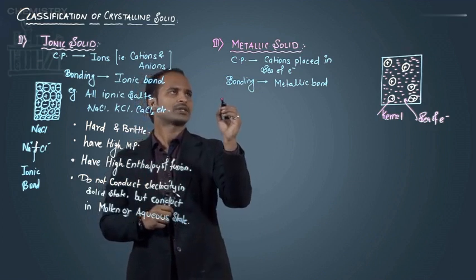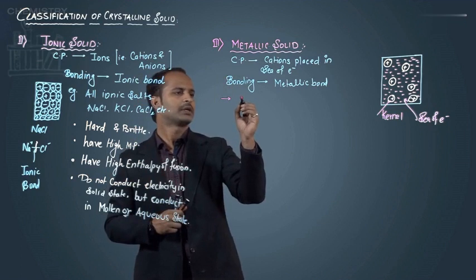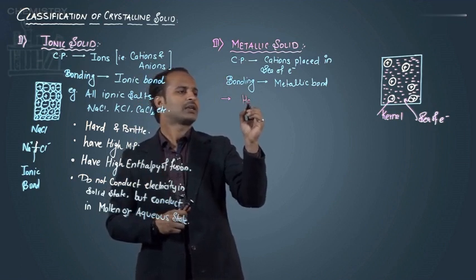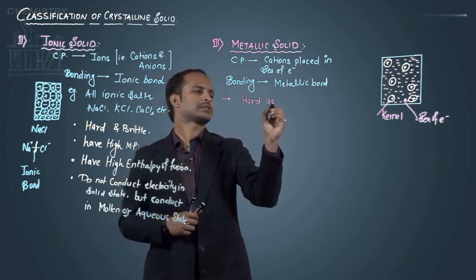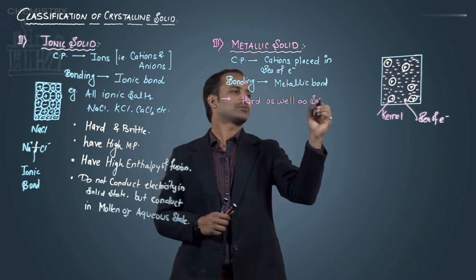Now let's see the characteristics of metallic solids. The first characteristic: they are hard as well as soft. Some metallic solids are hard while some of them are soft.